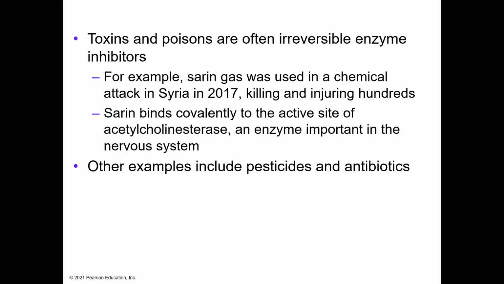Now, we know that there are toxins and poisons that are often irreversible enzyme inhibitors. For example, sarin gas was used in a chemical attack in Syria in 2017, killing and injuring hundreds of people. Sarin will bind covalently to the active site of acetylcholinesterase, which is an enzyme important in the nervous system.